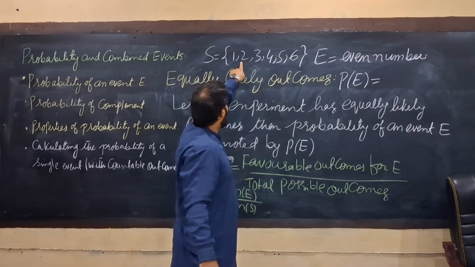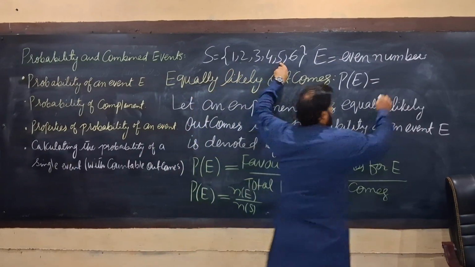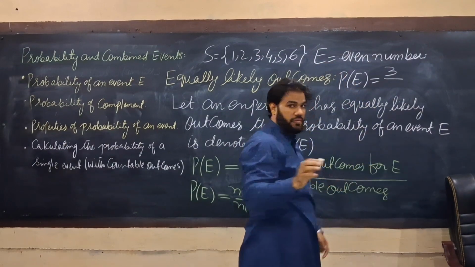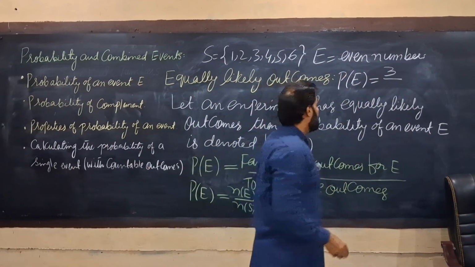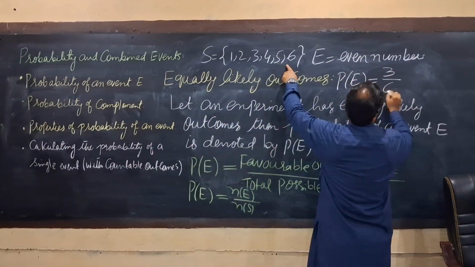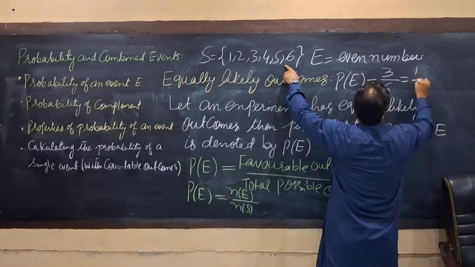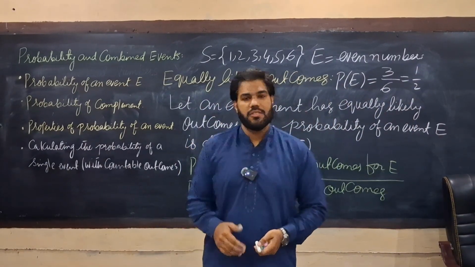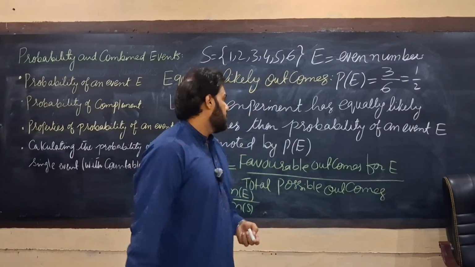There are 1, 2, 3. So these are the number of favorable outcomes for event E, 3 out of total possible outcomes 6. 3 over 6 is 1 by 2. So the probability of an even number on a single die is 1 by 2, that is 0.5.